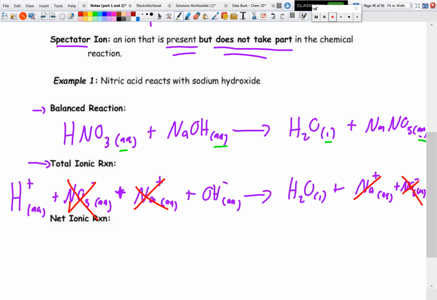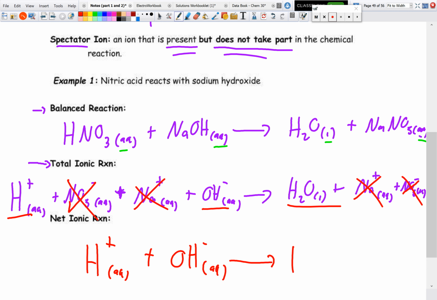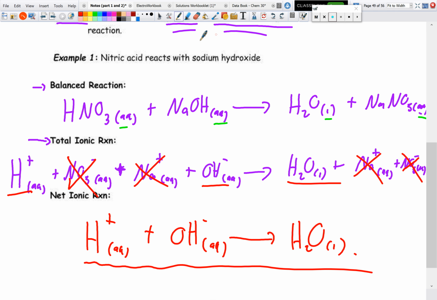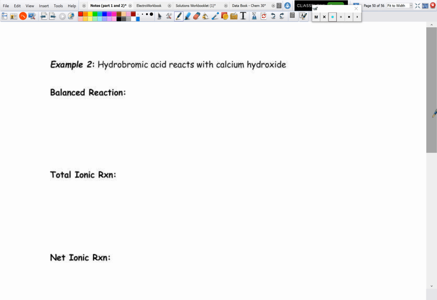So it too did nothing. But we can see hydrogen and hydroxide combined to make our water. So we call this the net reaction, because these are the only reacting species. The anions and the cations don't really do anything. And all neutralization reactions will occur like this.